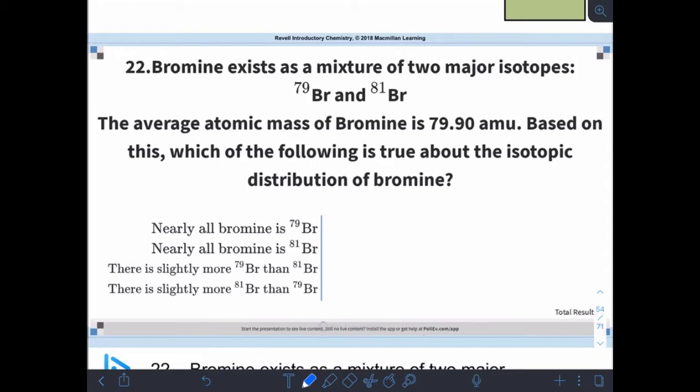Same thing with 81. So if the average atomic mass is 79.90, that one's leaning a little bit more towards the 79 than the 81. If we had more of the 81, then that average atomic mass should be above 80. So we're going to have slightly more of the bromine 79 than we do of the 81.